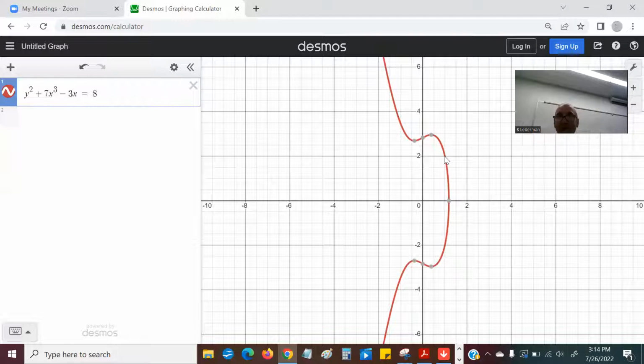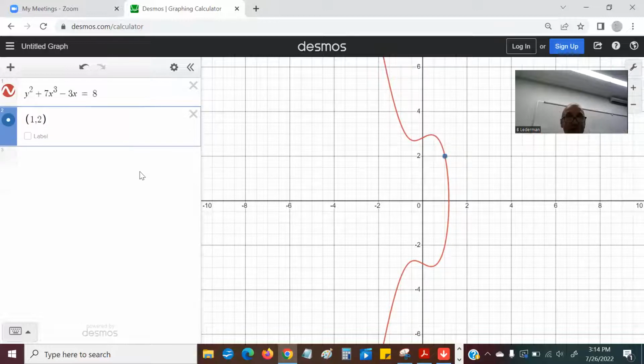I don't know why it's not letting me, so let's just do it this way. Let's do the point (1, 2). That's the point right there. And let's look at (1, negative 2). That's that point right there.